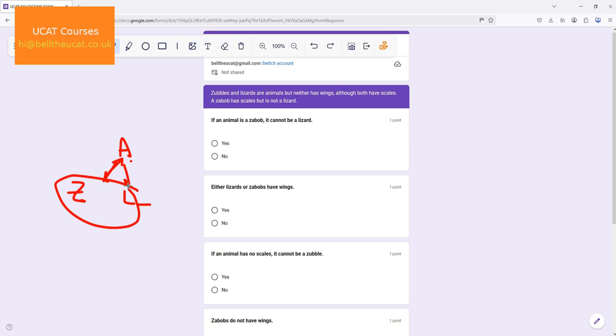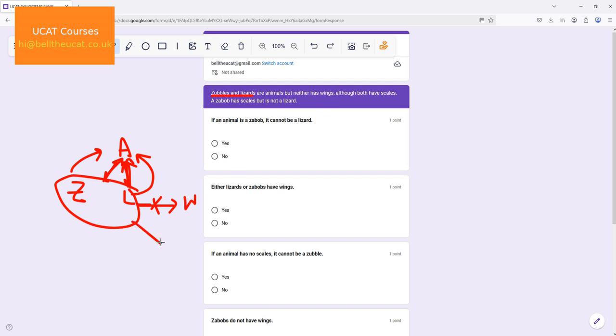Anytime you hear the word example, like zubbles and lizards are animals, it means these two belong to the animal category. So one more time, these two belong to the animal category. But neither of them has wings, so none of them have wings. Agreed. Although both have scales.